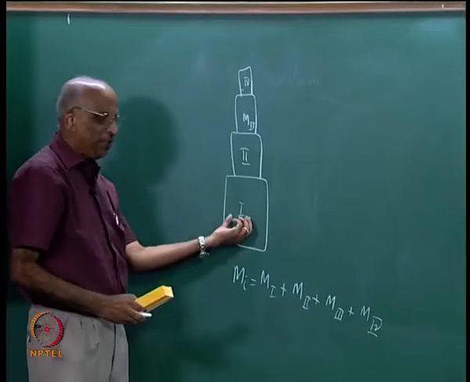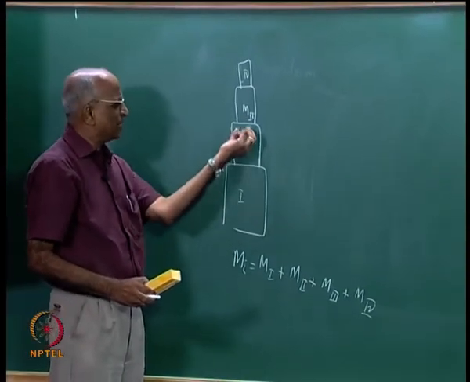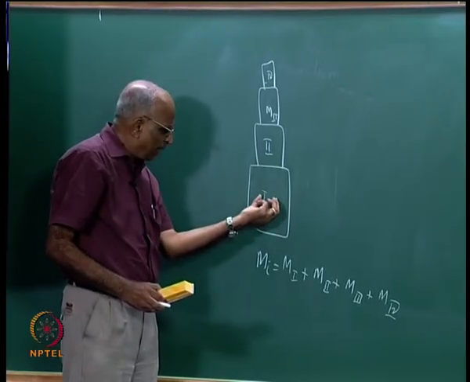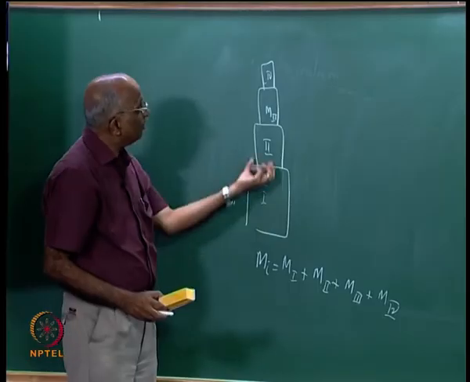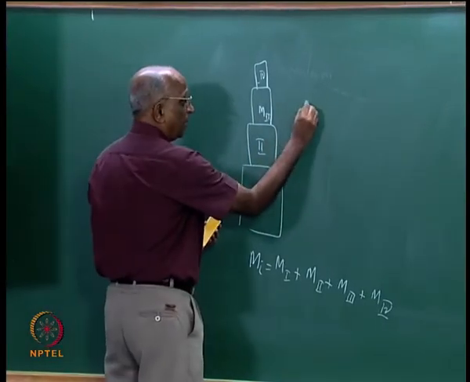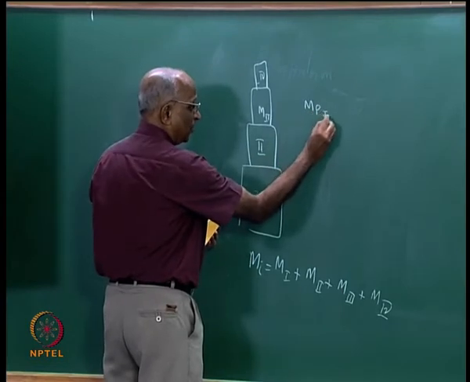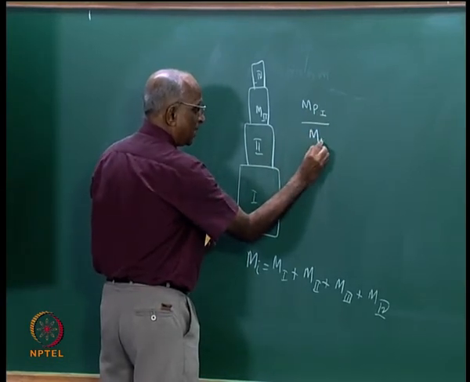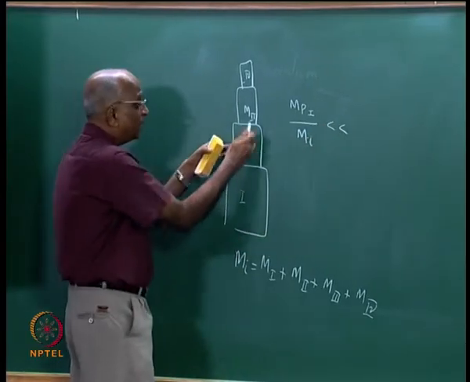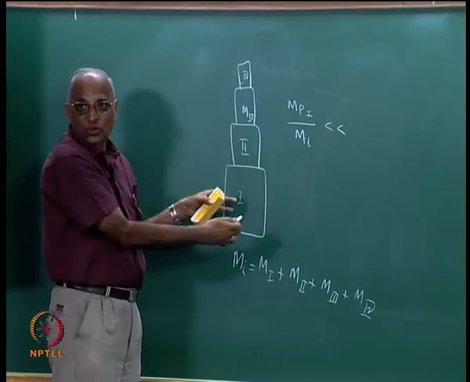Now I have some propellant in the first stage, I have propellant in the second stage and all that, but whatever be the propellant I put in this first stage, since the mass of the total thing is so much, the mass of the propellant of the first stage divided by the initial mass of the rocket Mi is going to be small, because it carries so much mass.